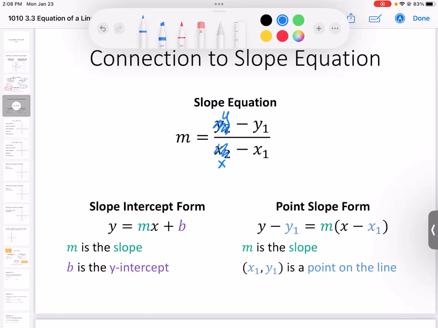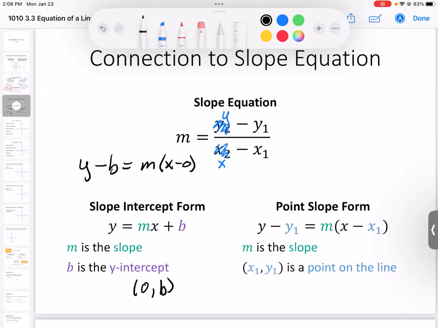And then slope intercept form is basically a special case of point slope form, because the y-intercept is always going to be where x equals 0. And so the y-intercept is actually a point itself. And if you plug that into the point slope form, you'd get y minus b equals m times x minus 0.